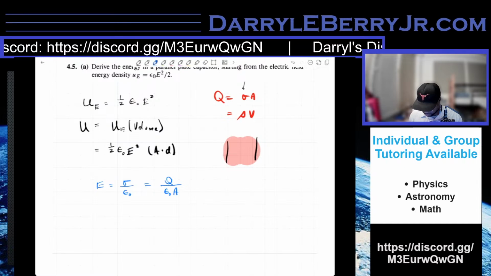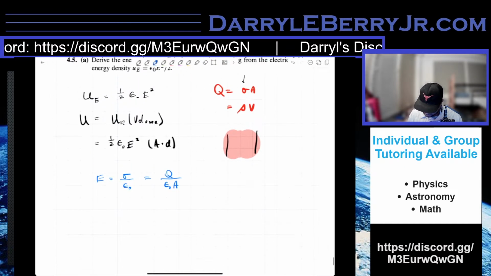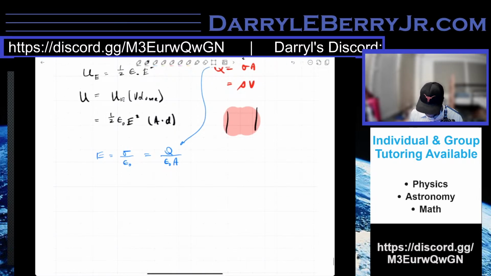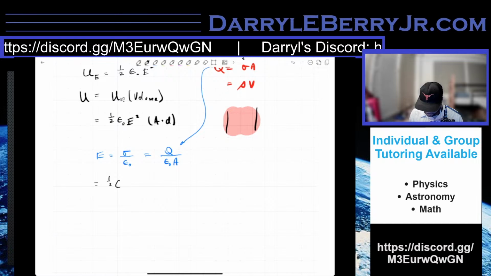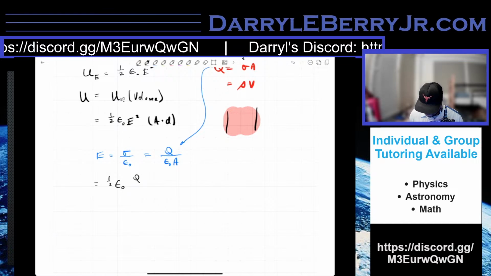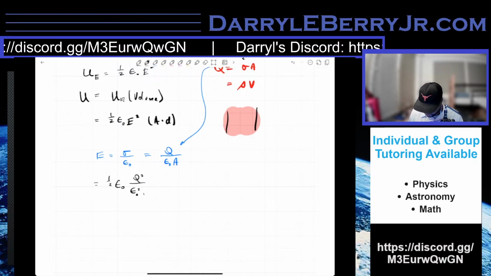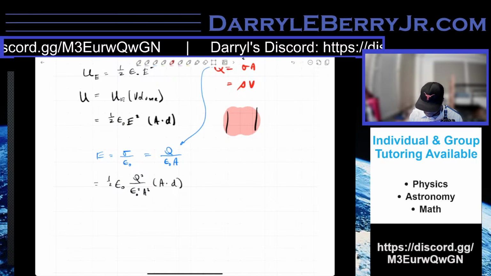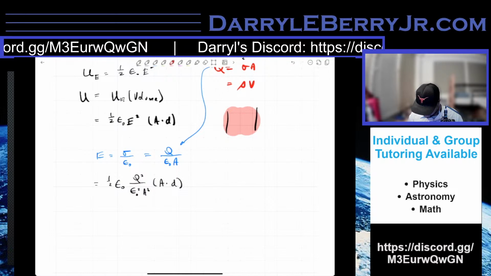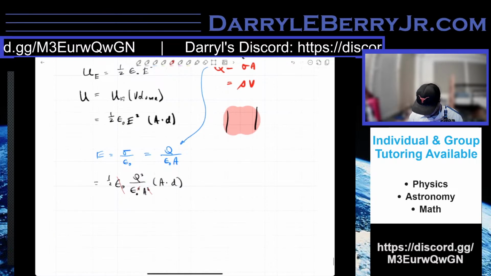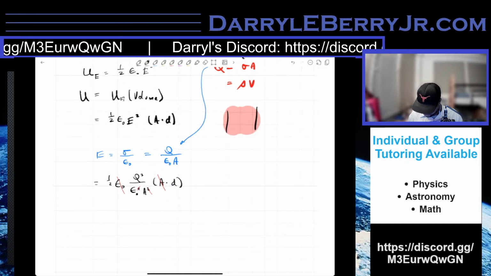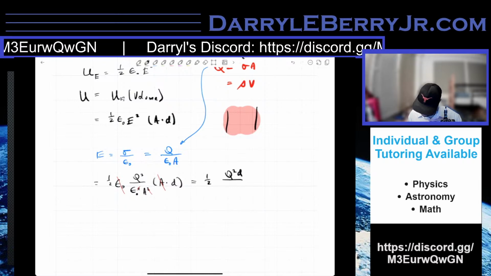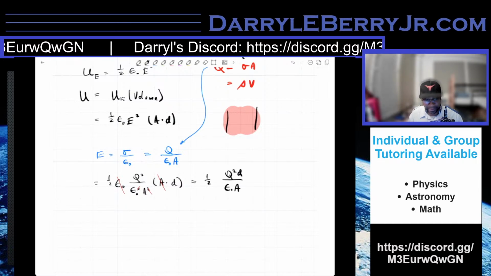If I solve for sigma, that's Q over A. So then we have 1/2 epsilon naught Q squared over epsilon naught squared A squared, then A times D. You can cancel one of these out and cancel one of these out, and that should be 1/2 Q squared D over epsilon naught A.